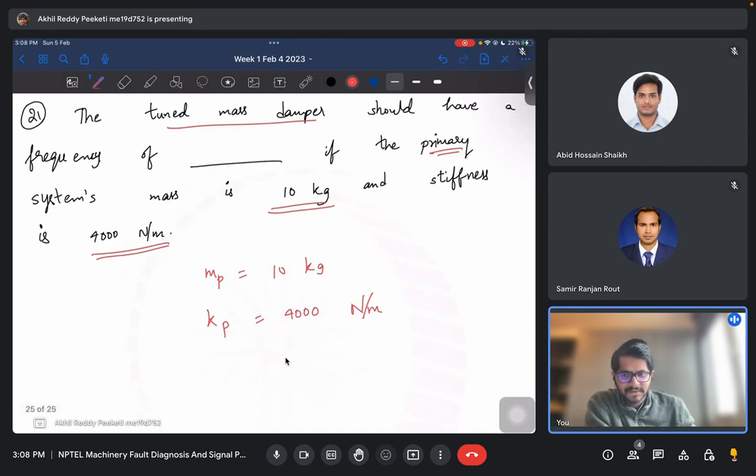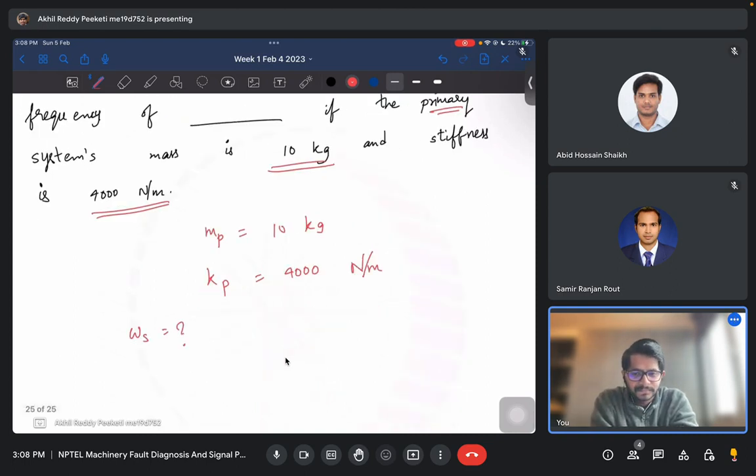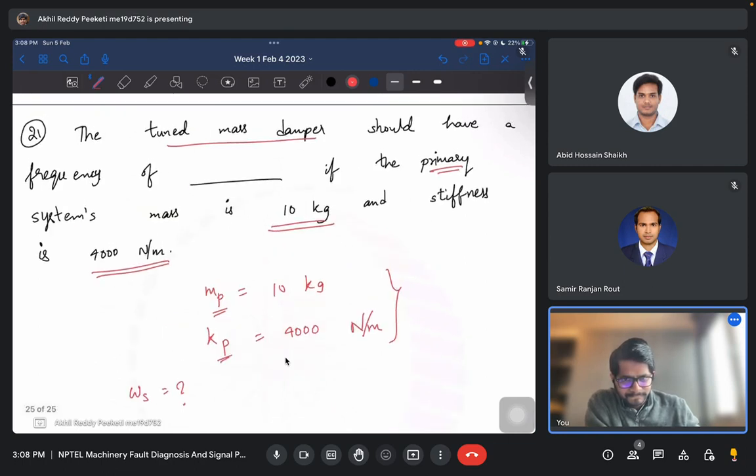Basically, they are asking what should be the frequency of the secondary system. So, can we estimate that? So, from mass and spring constant of the primary system, what can we estimate? We can estimate the natural frequency of the primary system, right?